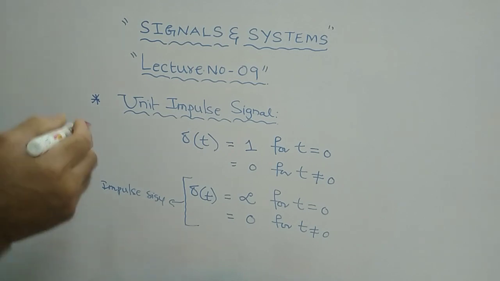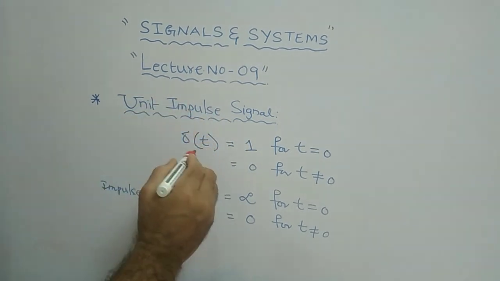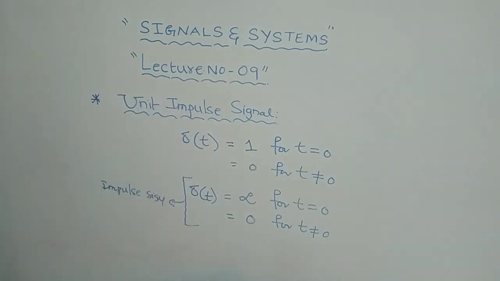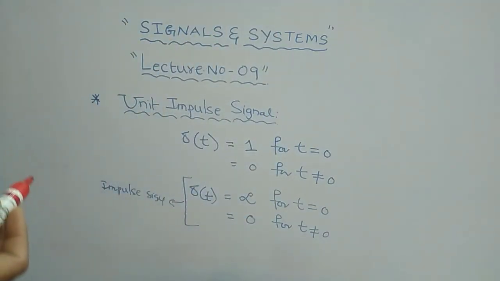Clear? Whereas a unit impulse means the magnitude value will be 1, because with the infinite definition you can't solve any problem. If the magnitude goes to infinity, it will not be used, and it is not possible to apply this delta function in problem solving.